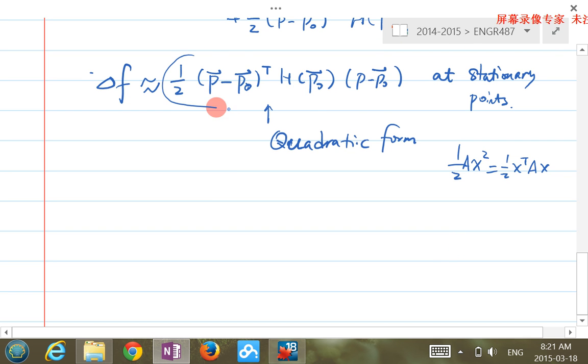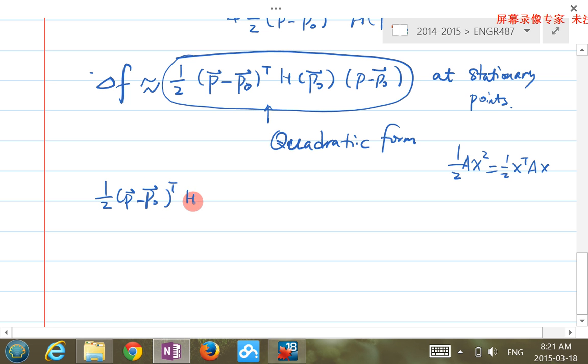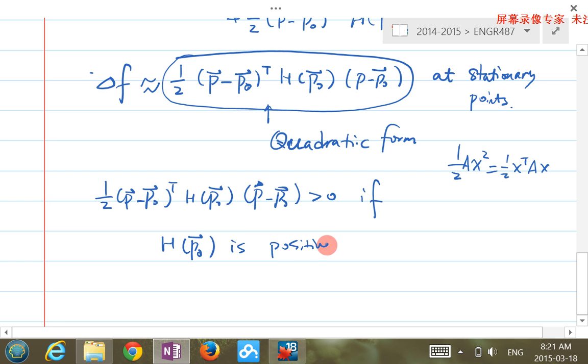If I call this delta f, 1/2 p minus p naught transpose H at p naught times p minus p naught, this term will be greater than 0 if this matrix is positive definite.